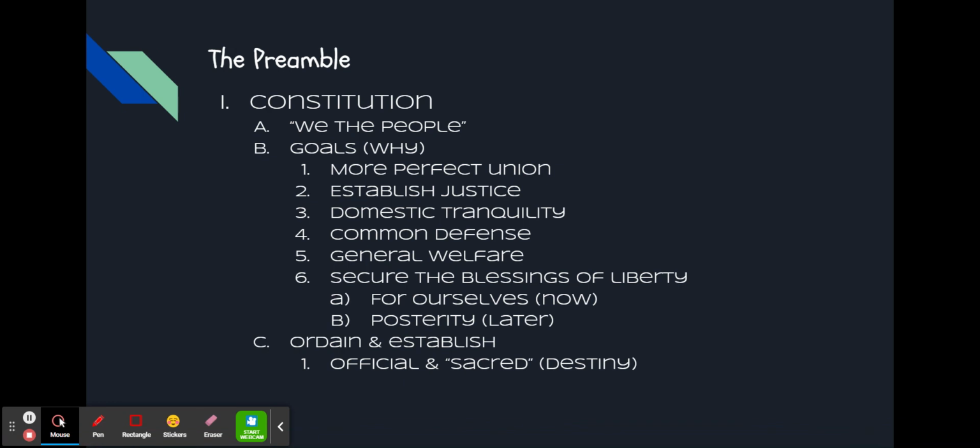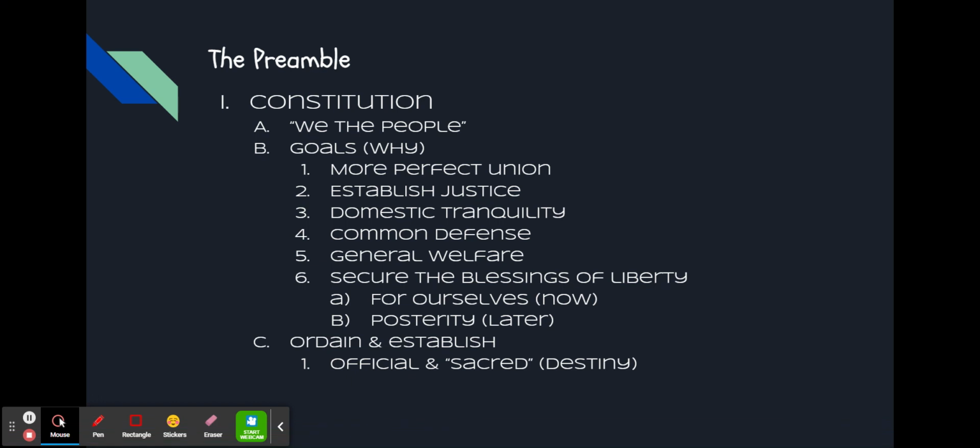The Constitution begins with a small portion called the Preamble. It's a paragraph that's just one sentence, albeit a rather large sentence. So the Preamble spells out the fact that the Constitution was made by the people of the United States.